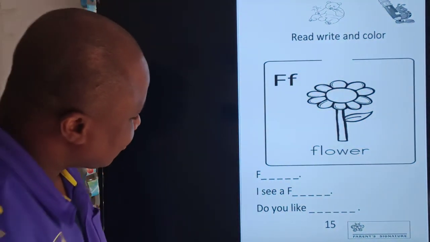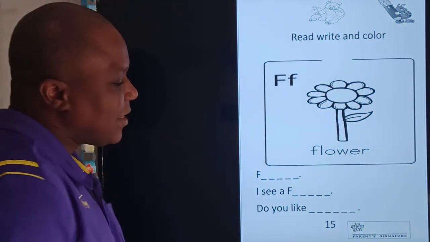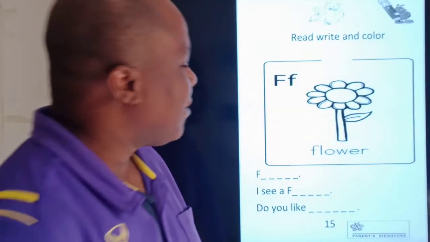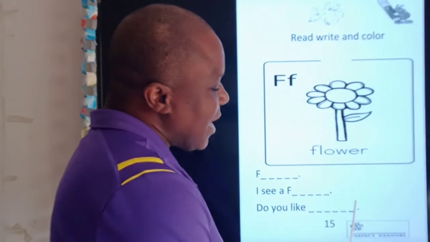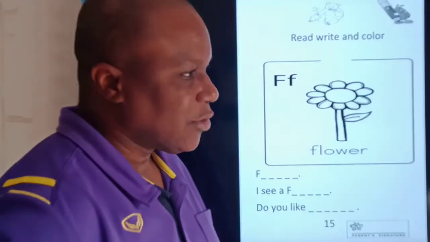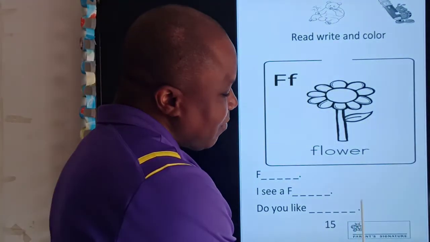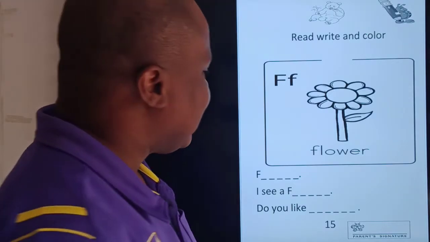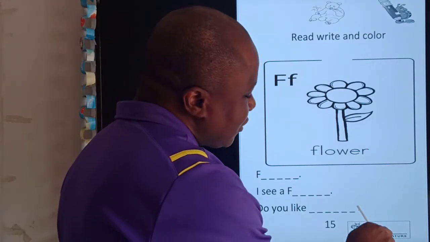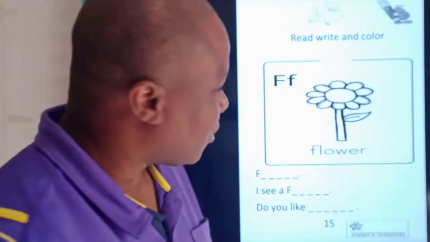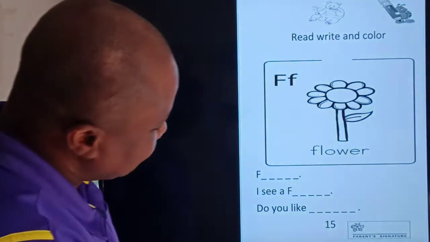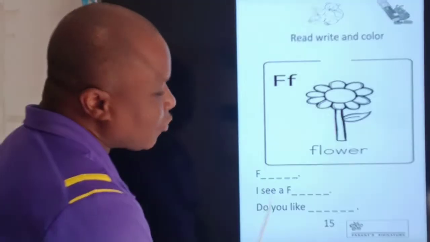So the next one is what? Do you like flower? Now you know that this is a question, so we are able to put what? Question mark here. Because we don't put the question mark here, when we write it complete, we put what? Question mark, to show that this is what? Question. When you look at this one, you can see that this one is what? Question.